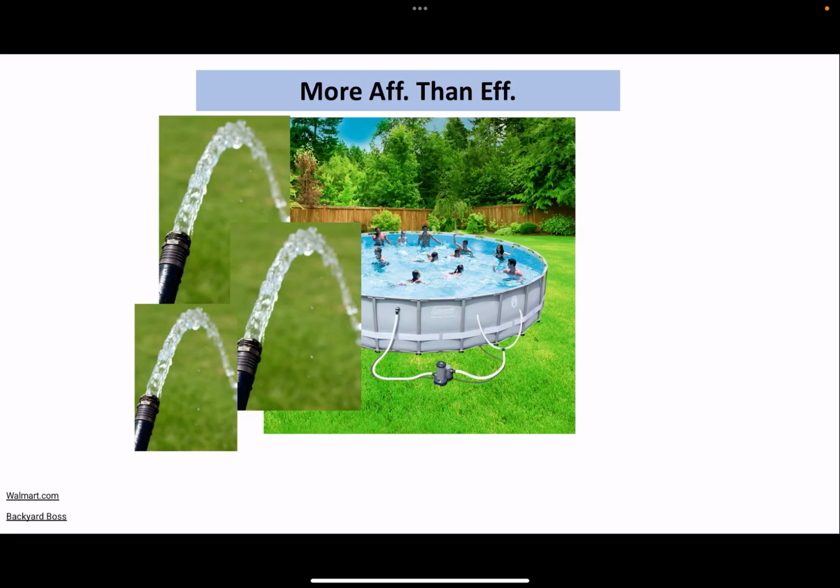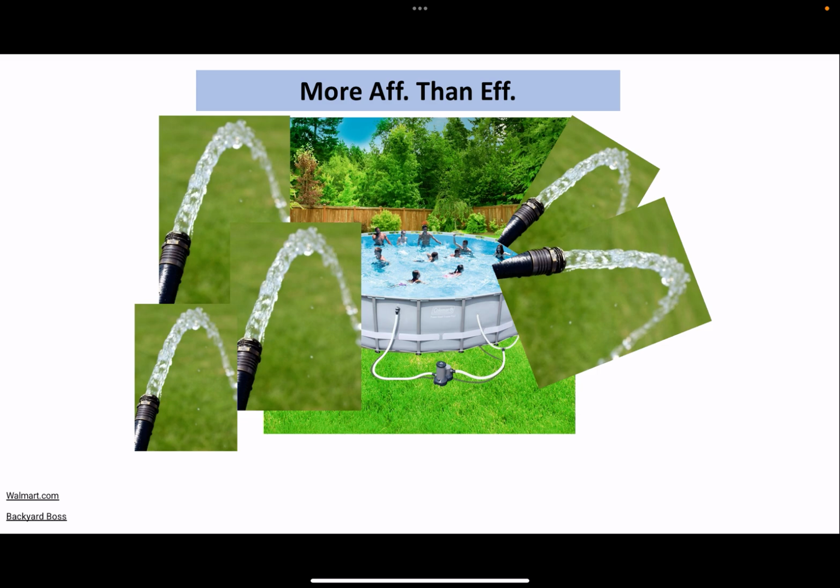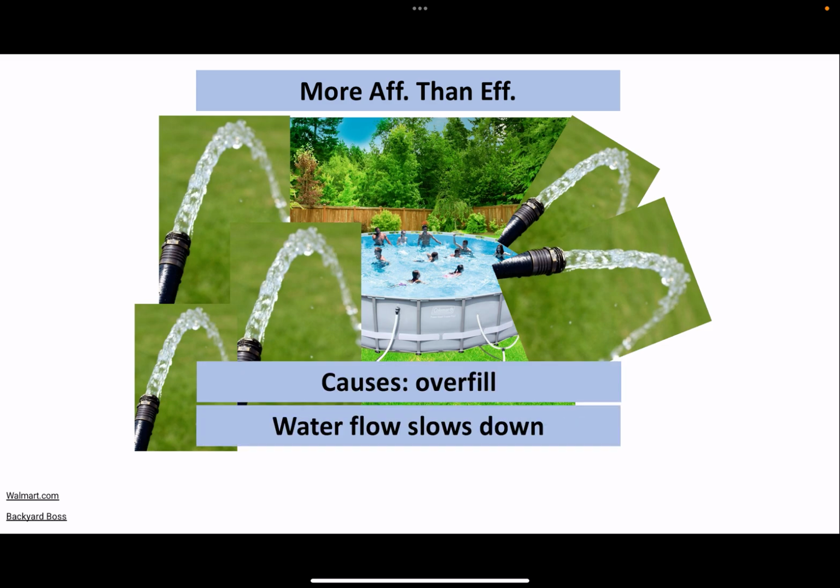So think of it this way: if we had more water coming into a pool than we had hoses to drain the fluid out, what would happen to the water in that pool? It would overflow, right? So what this does, having more afferent, more fluid coming in than fluid leaving, it allows that lymph node to fill up and it slows down that flow.